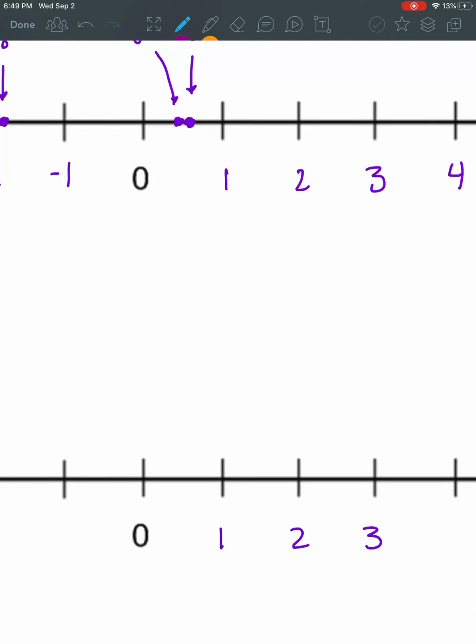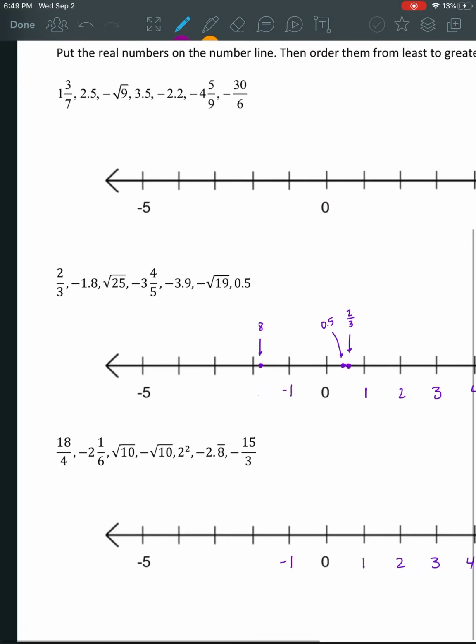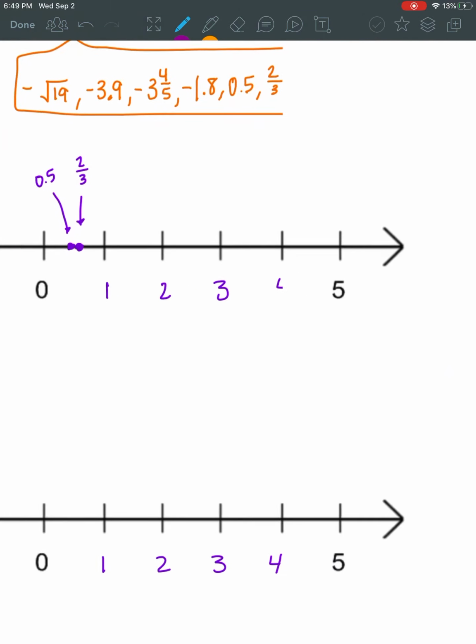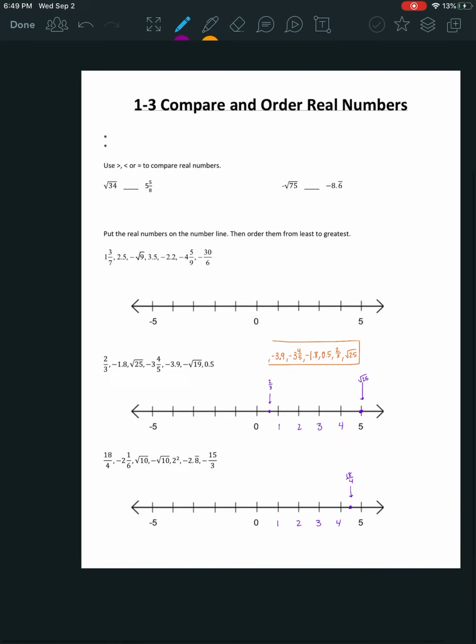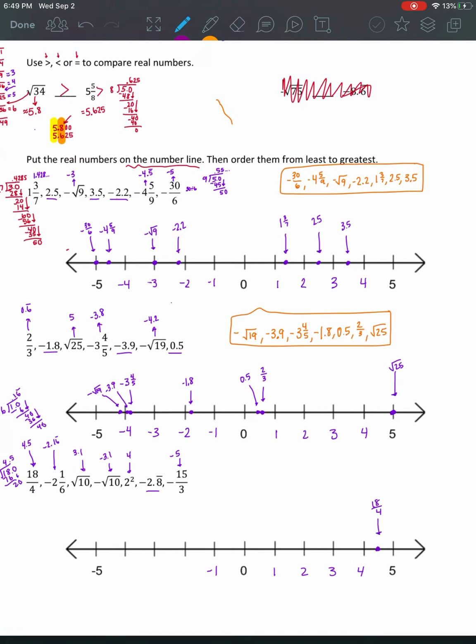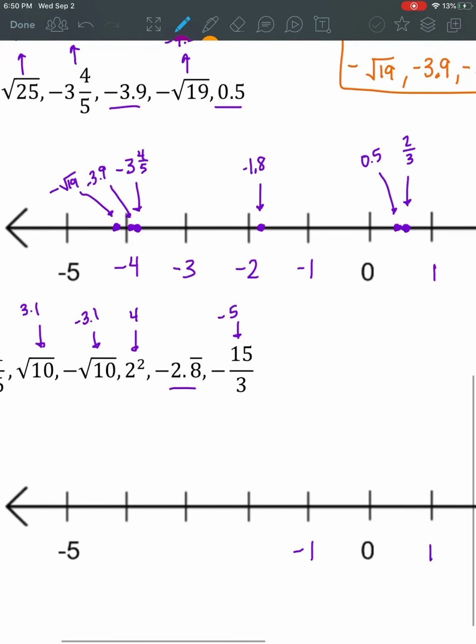All right, again, last step here then. Let's number our number line, put all of them on here, and then write them least to greatest. So the first number we have is 4.5, directly in between 4 and 5. This is 18/4. Then we have negative 2.16666.